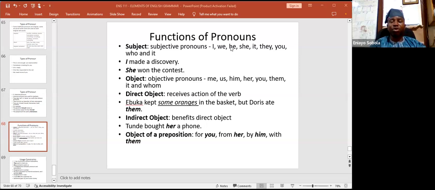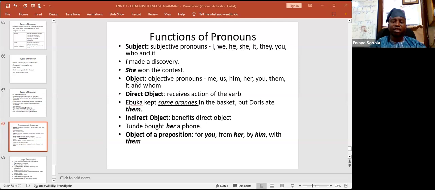We have I, we, he, she, it, they, you, and who. All these pronouns are used as subjective case. I made a discovery. I is a subject, it's a subjective pronoun. She won the contest. She is a subjective pronoun and functions as the subject.